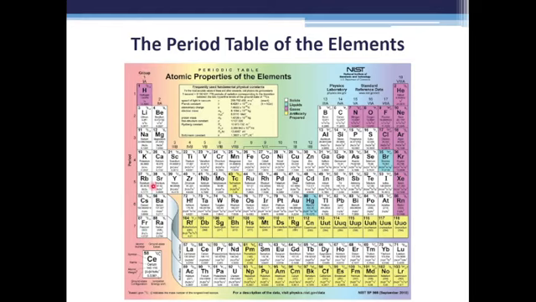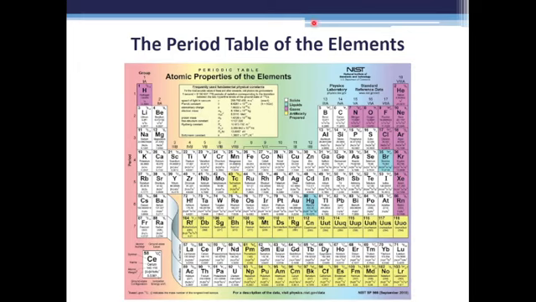This is what we call the alkali metals, I think, but correct me if I'm wrong. So it's like in groups. And this group is this, the lanthanides. This is the actinides. Just like that.